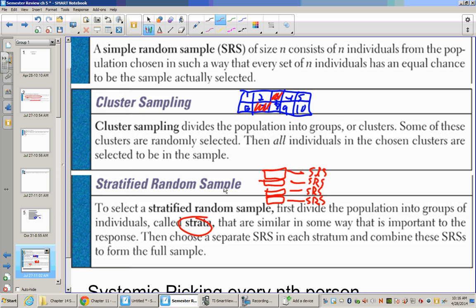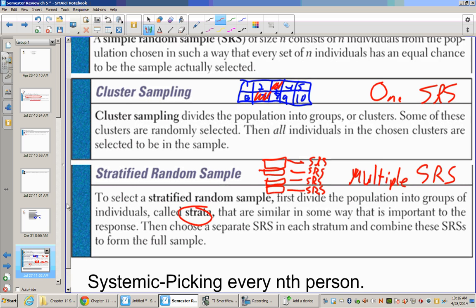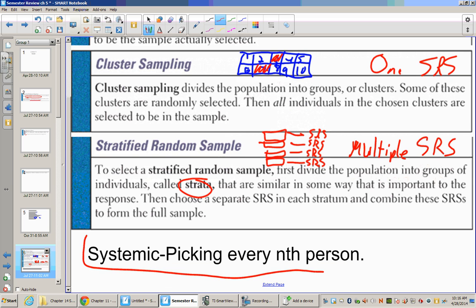Keep in mind in stratified samples, you're doing multiple SRSs, where in cluster sample, there's one SRS. Now, this last one, systematic, it's picking every fifth person. So you randomly choose one person in the population, and then you choose every fifth person after that.